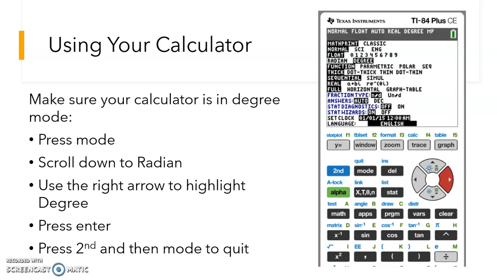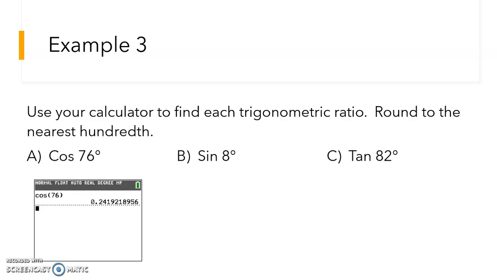Let's do some examples where you have to use your calculator to find some values. In example 3, they ask you to use your calculator to find each trigonometric ratio and round to the nearest hundredth. In part A, they wanted you to find the cosine of 76 degrees. So I took my calculator and I typed cosine 76.